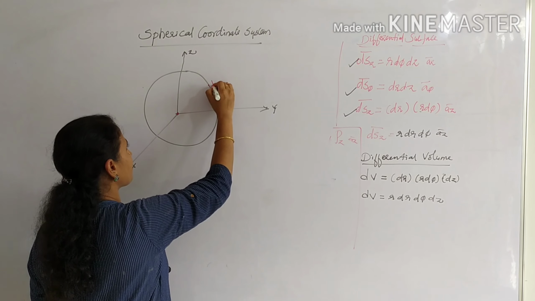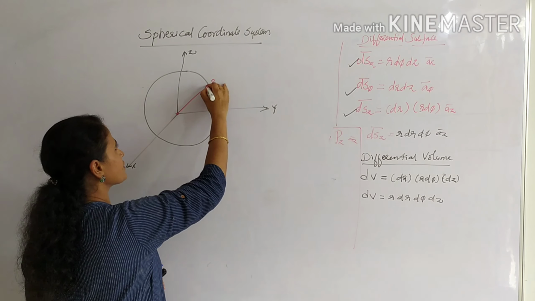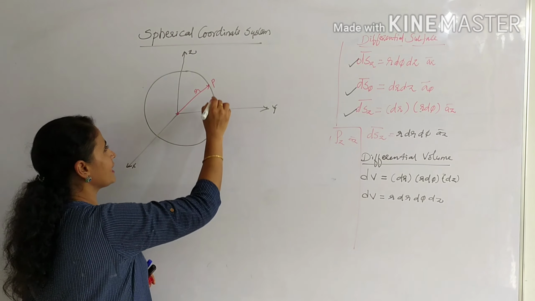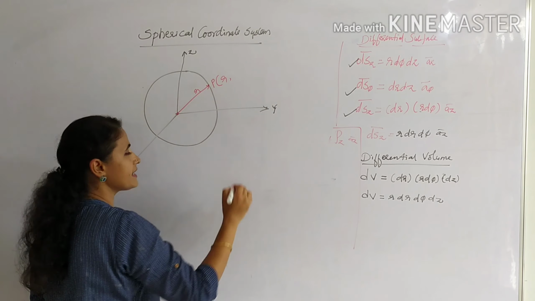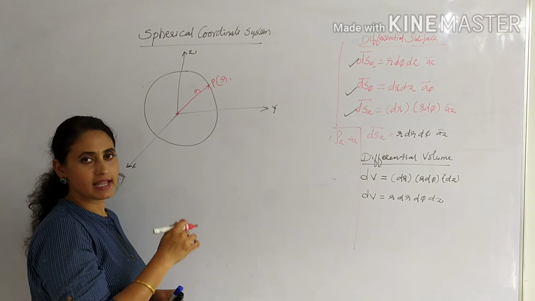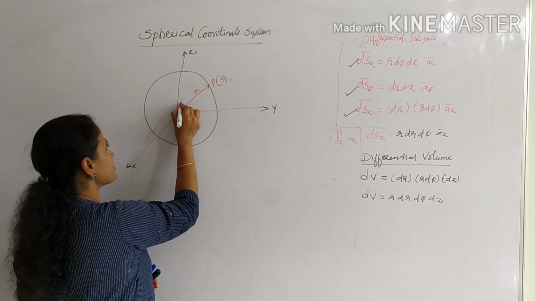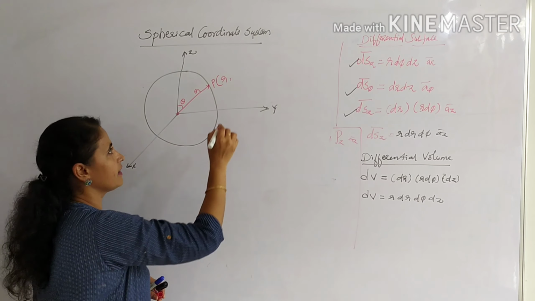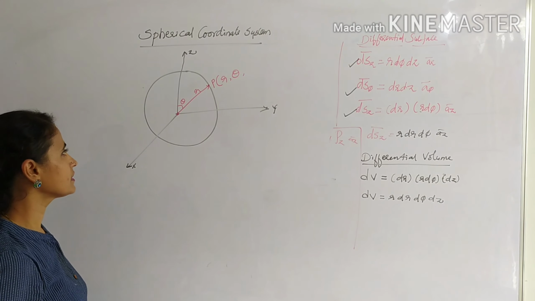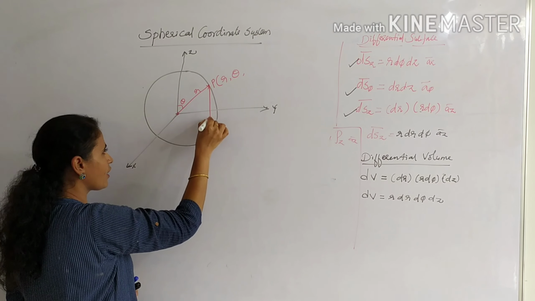Let there be a point P on the surface of the sphere. This is the radius. The first coordinate is the radius of the sphere R, and this line of radius makes some angle with respect to the z axis, which is called theta. The second coordinate is theta. Now the third coordinate: project this point P onto the xy plane.